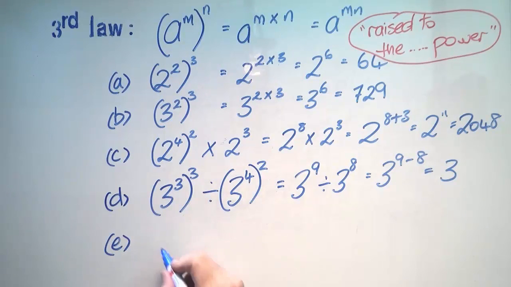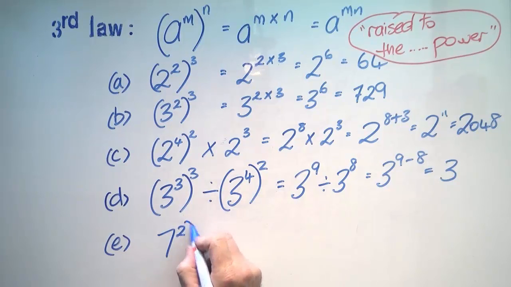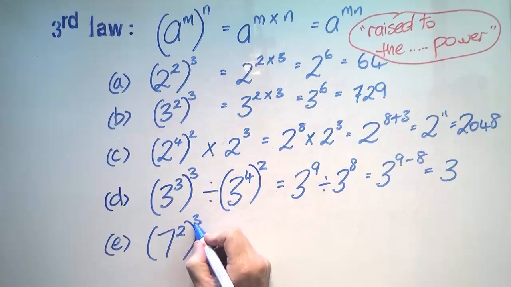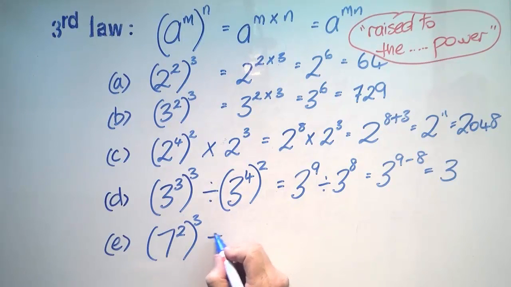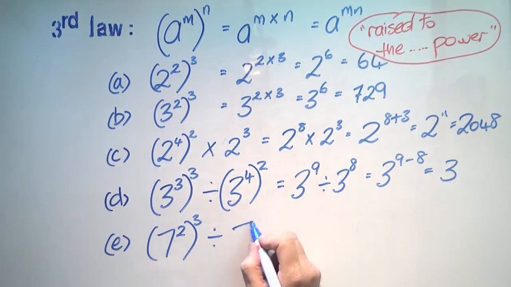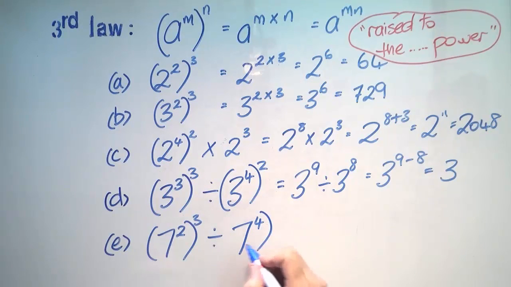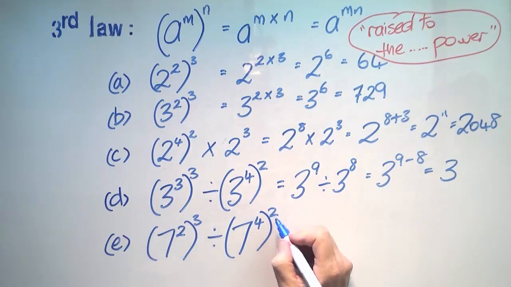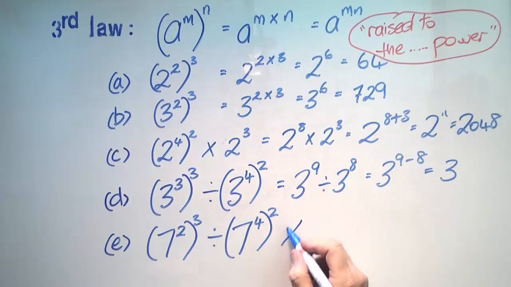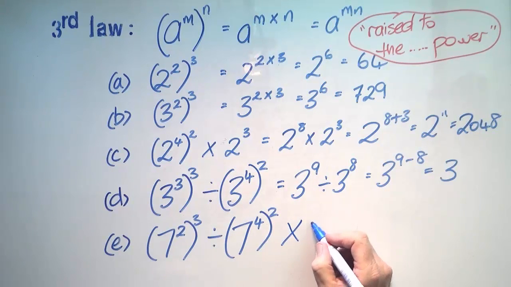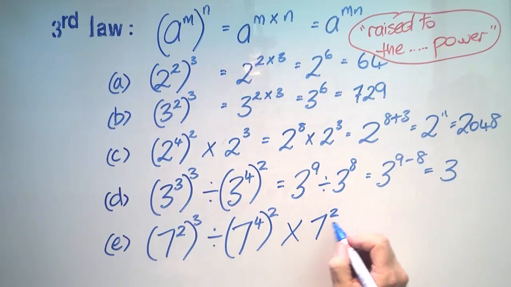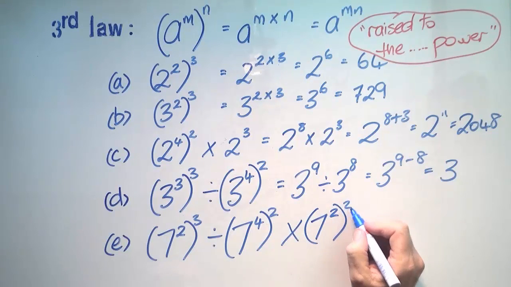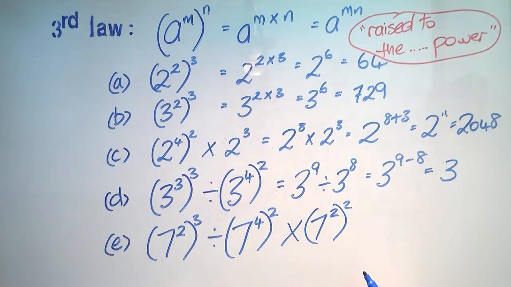Another example, 7 squared raised to the 3rd power, or all cubed, divided by 7 to the 4th power raised to the 2nd power, multiplied by 7 squared to the 2nd power.